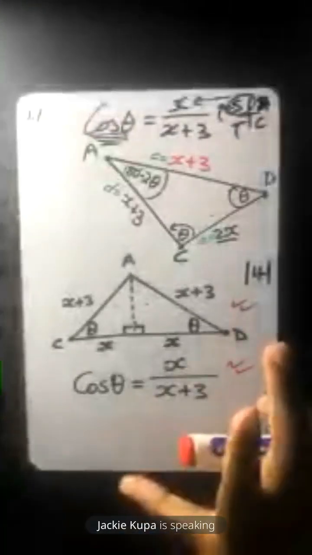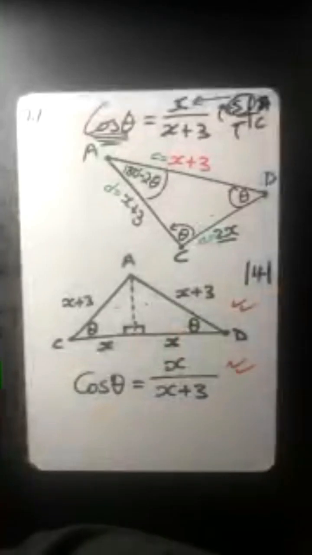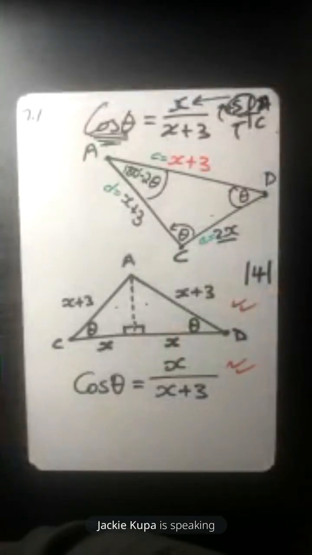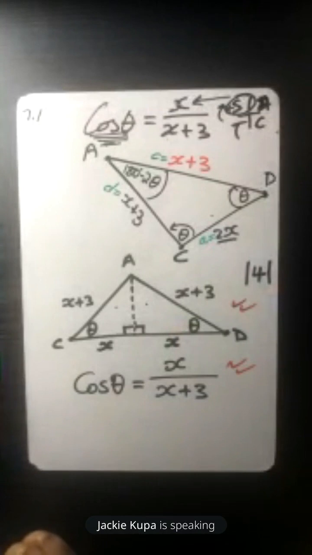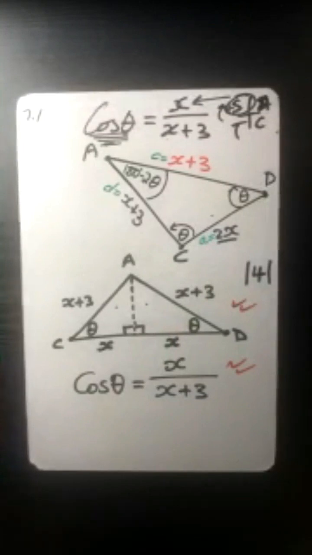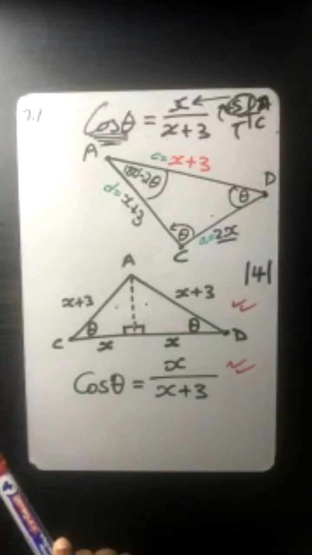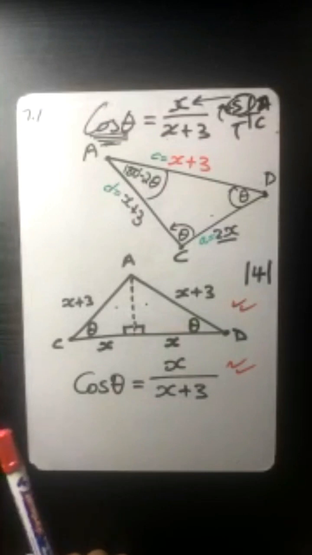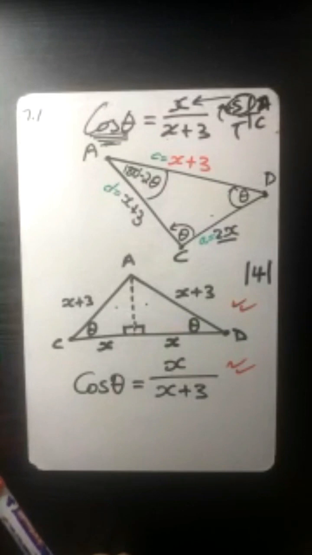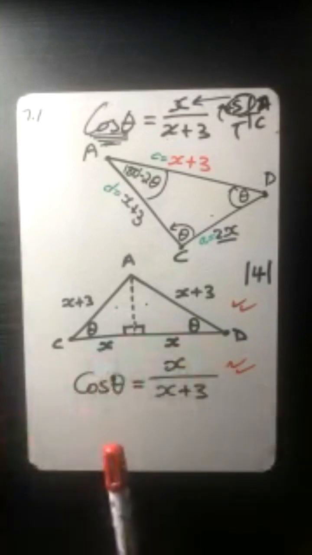I'm about to now move on to the last question. I'm just not sure if all of that was clear. Yes, sir, I understand why you use cos in this exercise. We can use sine and we can also use cos. So it all depends on what you want to achieve: the cosine rule, the sine rule, or the trig ratio.